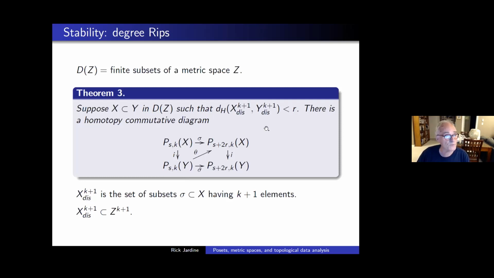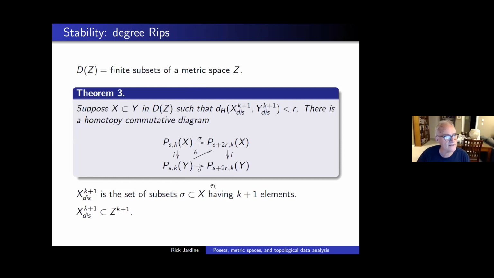If that Hausdorff distance between those two spaces is less than R, then there's a homotopy commutative diagram on the poset level for this comparison of degree Rips complexes, okay? And again, it gives you a homotopy commutative diagram of the corresponding simplicial complexes, and it's a stability theorem for the degree Rips complexes subject to this condition on the Hausdorff distance between these sets.